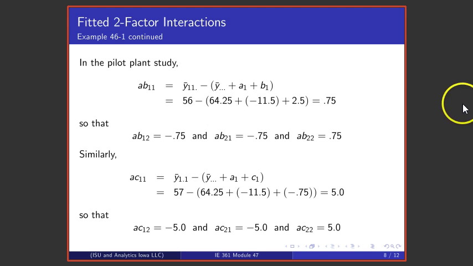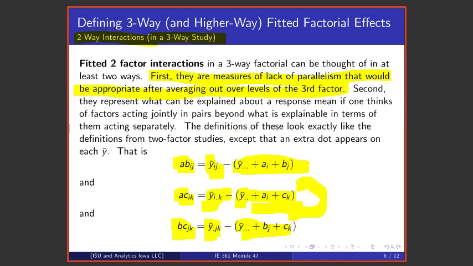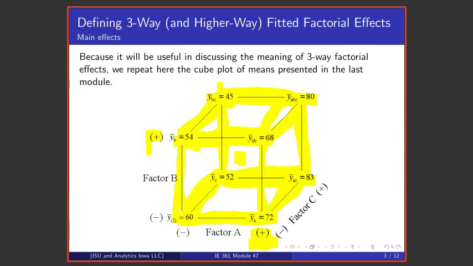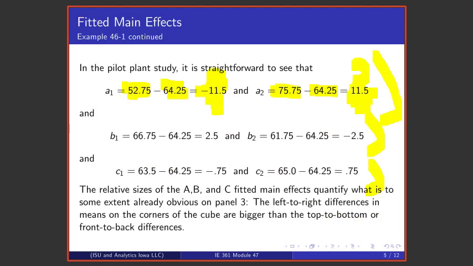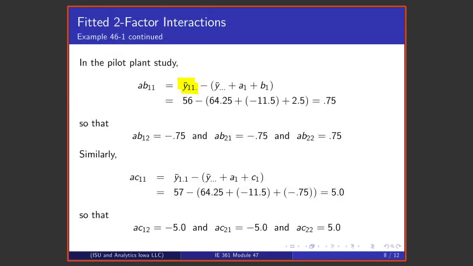In the pilot plant study, if you take, say, y bar 11 dot, that would be factor A at its low level, factor B at its low level, averaging out factor C. So it would be 60 plus 52 averaged, which is 56. And then if you subtract from 56 the grand average plus A1 plus B1, you get something fairly small.